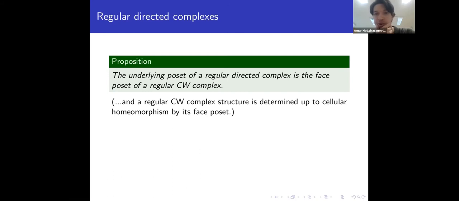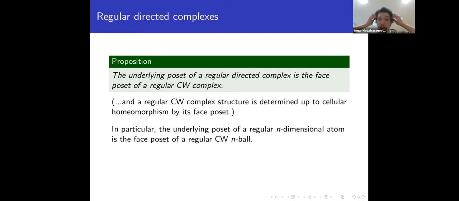In regular CW complexes, it's often said that CW complexes are not completely combinatorial objects, but regular CW complexes are combinatorial objects in that they can be uniquely reconstructed up to a cellular homomorphism by their face poset.